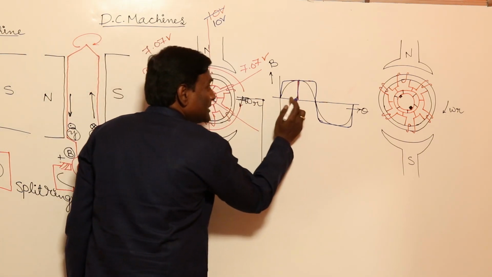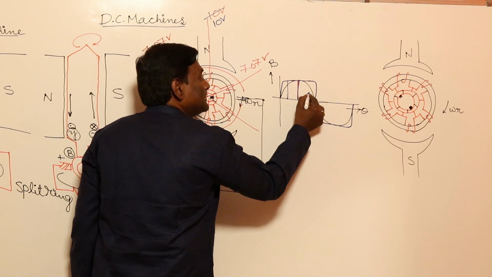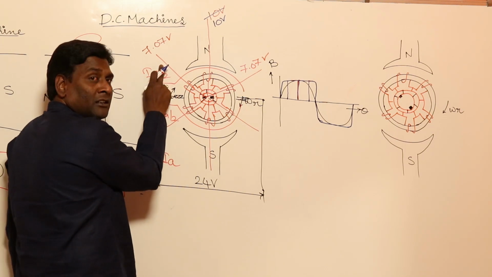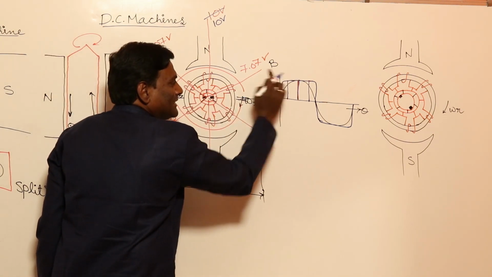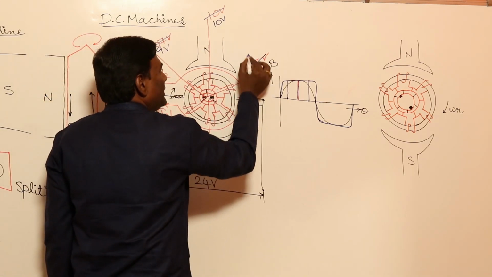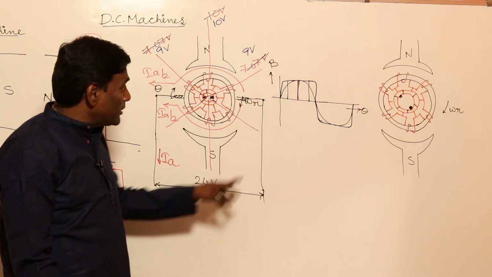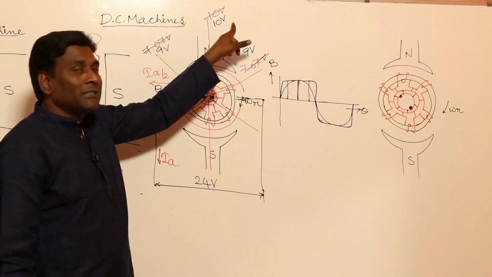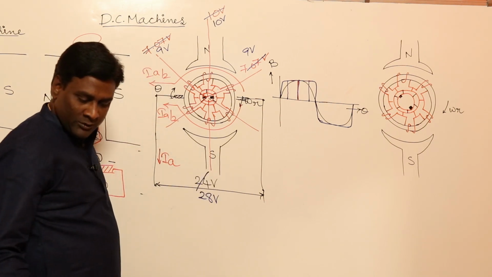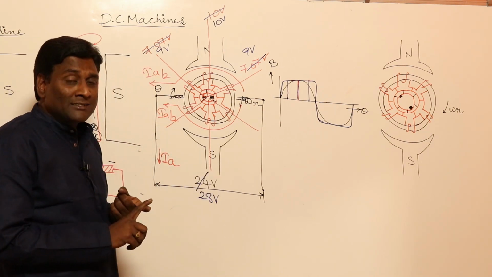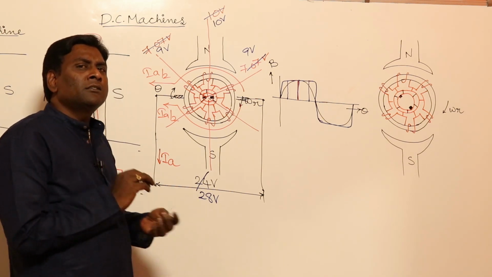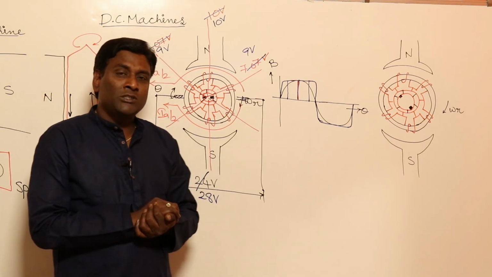But with respect to 45 degrees here, because of the flat toppedness, almost maximum flux density is coming. So here, for example, this is 9 volts, because flux density is increased compared to the sinusoid. So 9 plus 9, 18 plus 10 means my output voltage is going to be 28 volts. So compared to sinusoidal flux density, if I have flat topped flux density, induced voltage is increased or not? Yes.